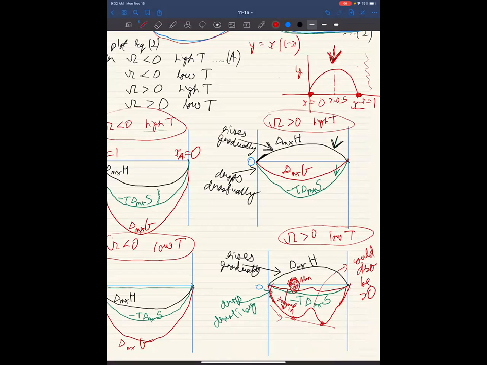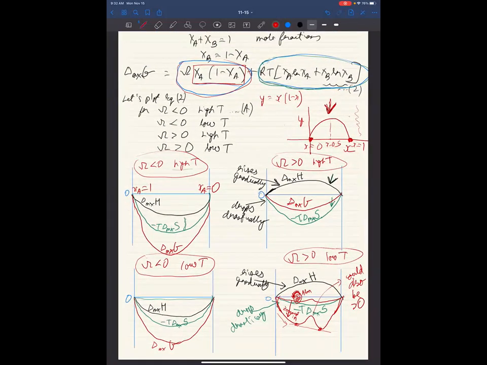Okay. So let's summarize this. We have talked about omega. Omega negative means that AB bond is favored over AA and BB.